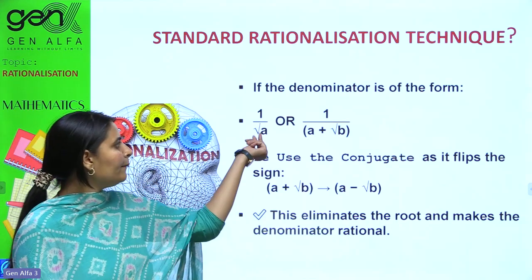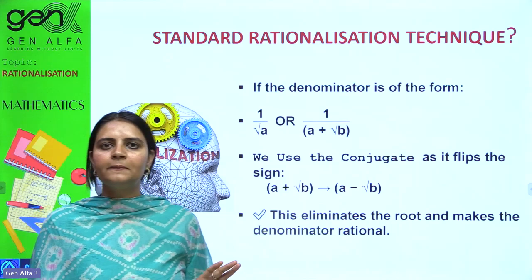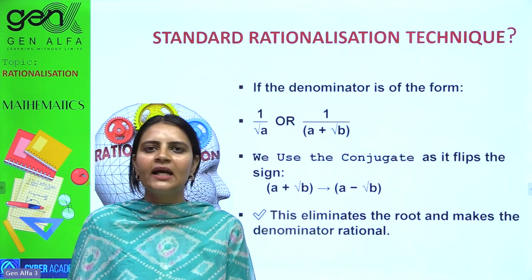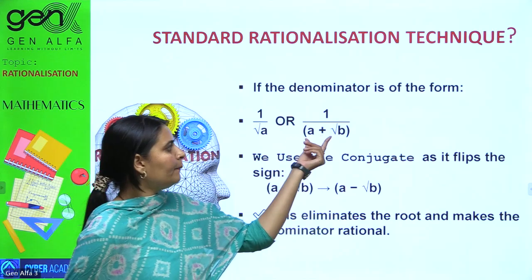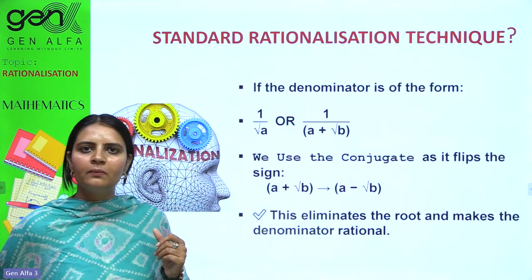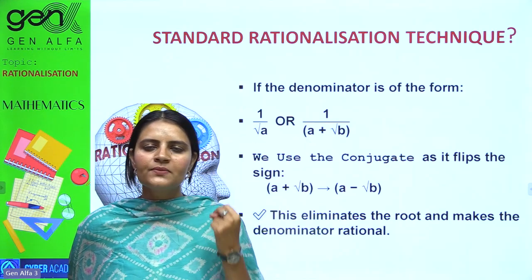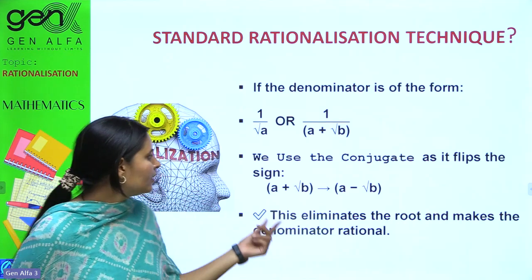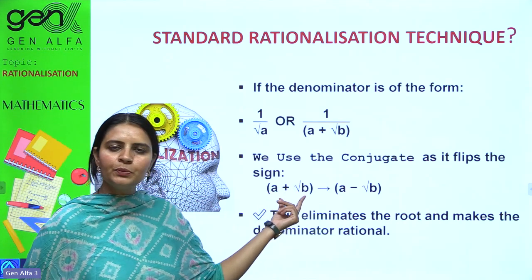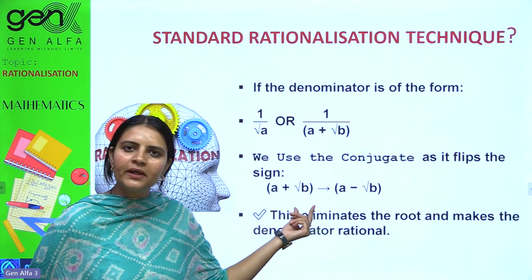See, if the number is present single, then there is no use of sign. Yes, but when the number is present in the combination form, like there are two terms being added, being subtracted. Here, let's suppose a plus under root b is there. What would be its conjugate?